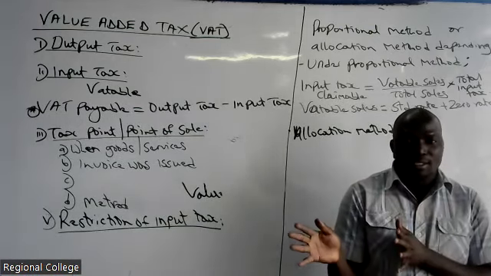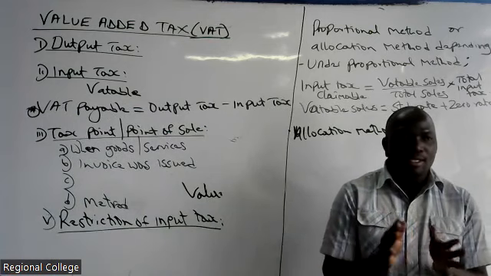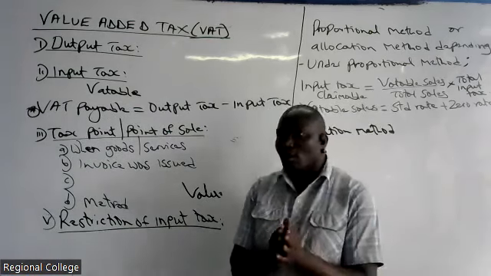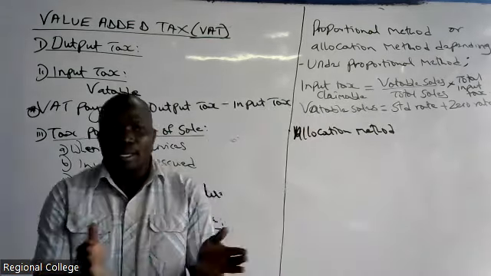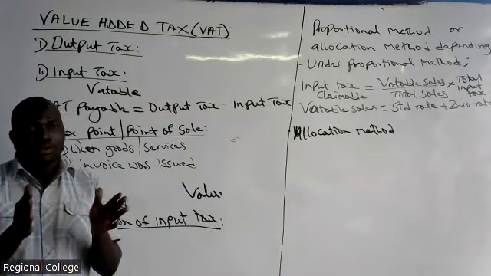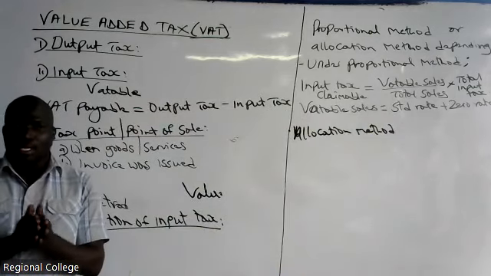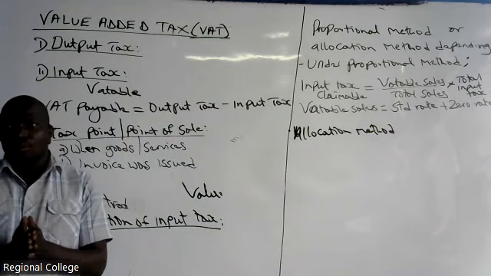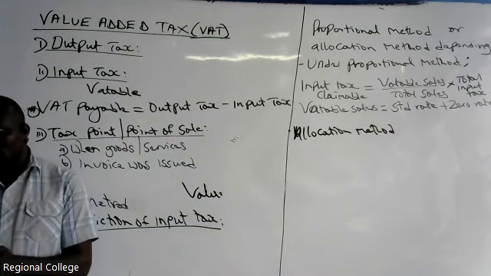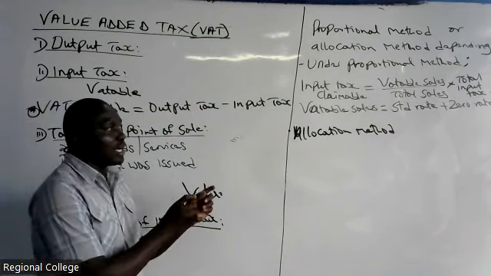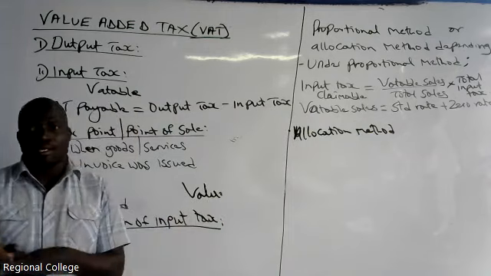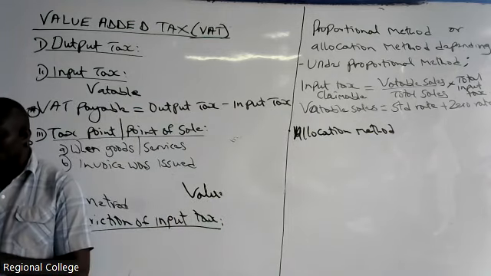So we allocate. That's where the name came from. Allocation. So separate those items, those sales which were bought and charged VAT and again sold and charged VAT. That's what tunasema. There is that account of items that were bought at standard rate and sold at standard rate.